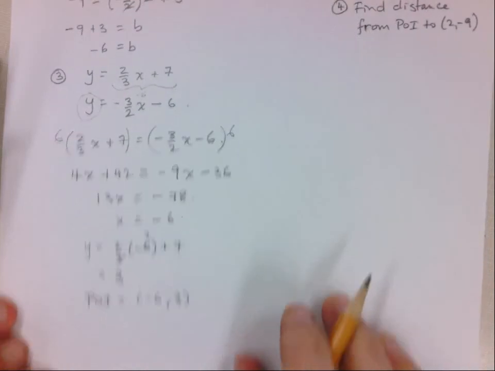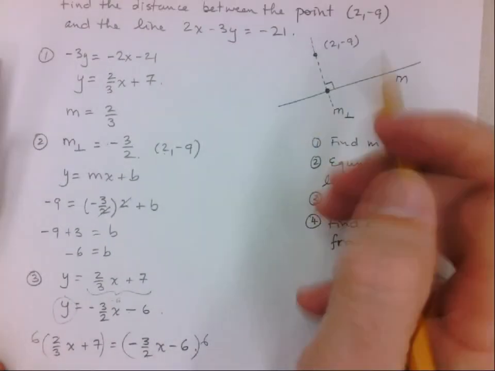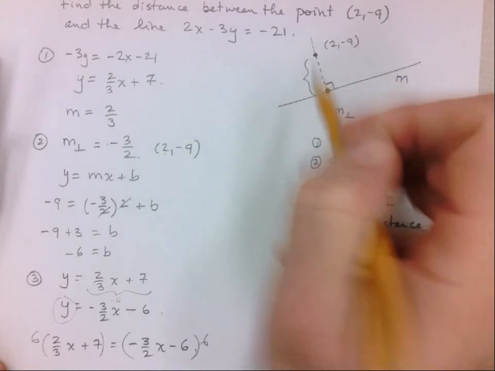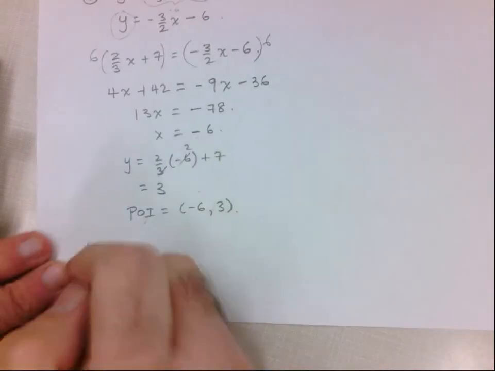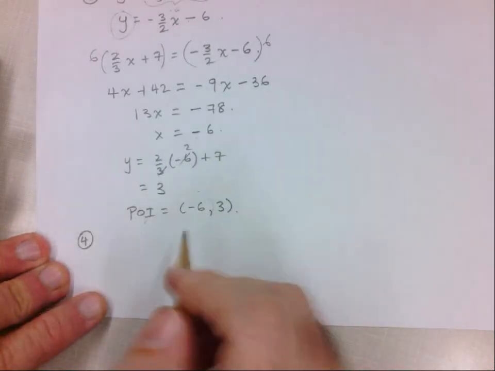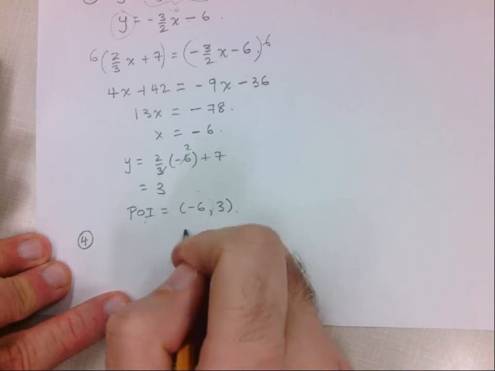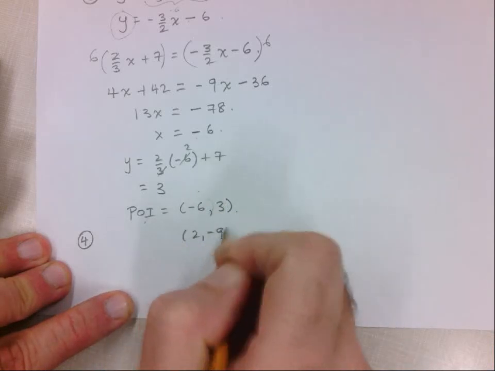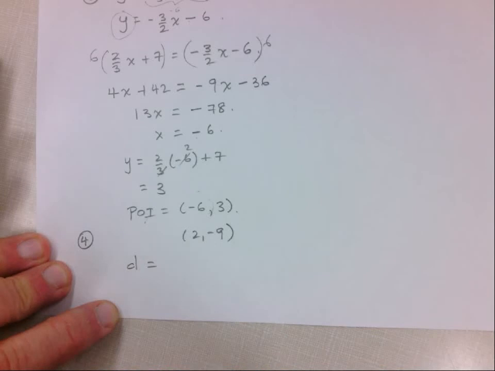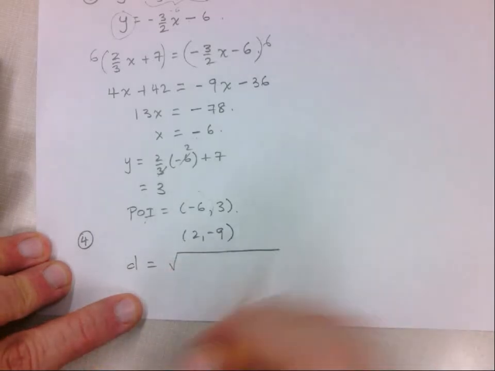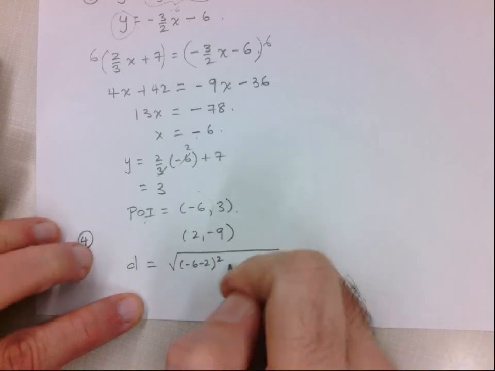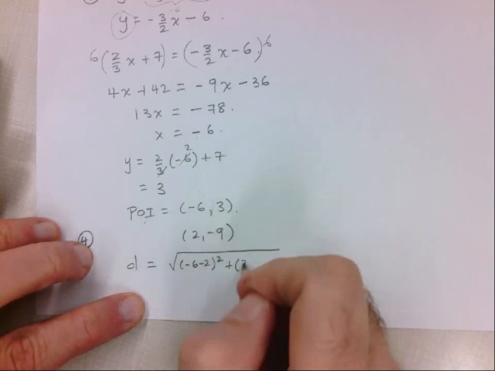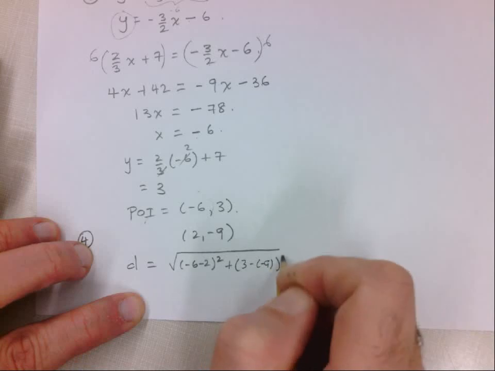Let's go back to our diagram. Now that we have this point of intersection, the only thing left to do is to use the distance formula to find the distance between the point and the line. So that's step 4: our point (negative 6, 3), and the other point is (2, negative 9). Plugging into the distance formula, we've got the square root of negative 6 minus 2, squared, plus 3 minus negative 9, squared.